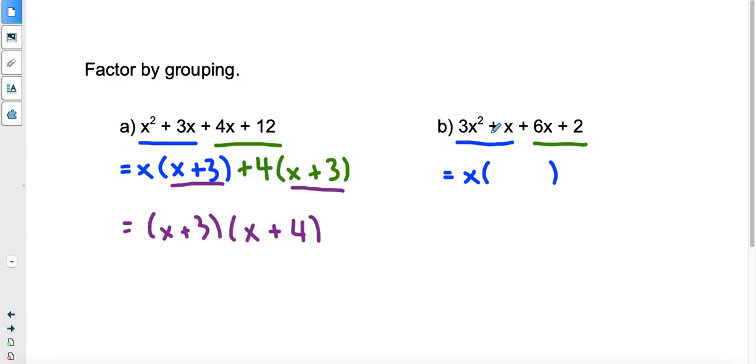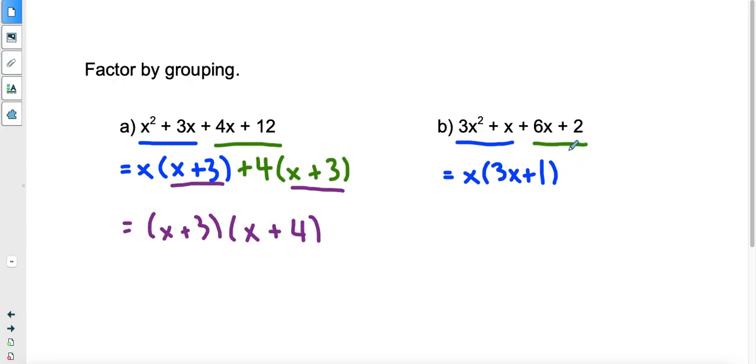Well, x times 3x gives me 3x squared. Also, x times 1 gives me x.